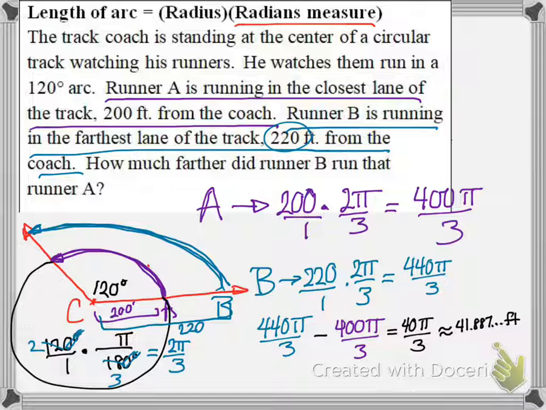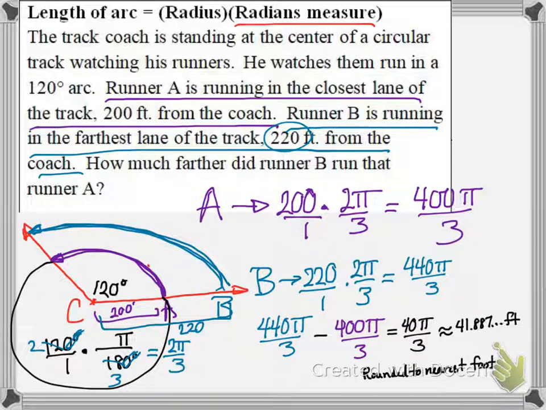If somebody asked you, how many feet did you run? Are you going to tell them 41.887 feet? Are you even going to tell them 41.9 feet? I think we want to say rounded to the nearest foot.